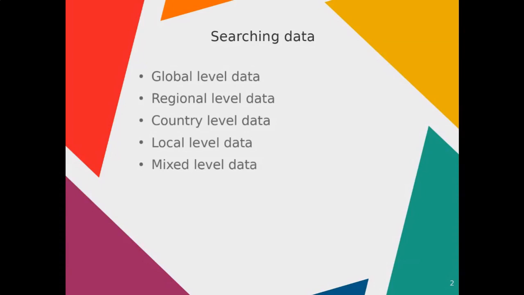The most important is to have the motivation and a clear idea why you create the map. So at first, searching the data. There are different types of data: global level data, regional level data, country level data, local data, and some mixed data. I will briefly give some examples of these types of data.